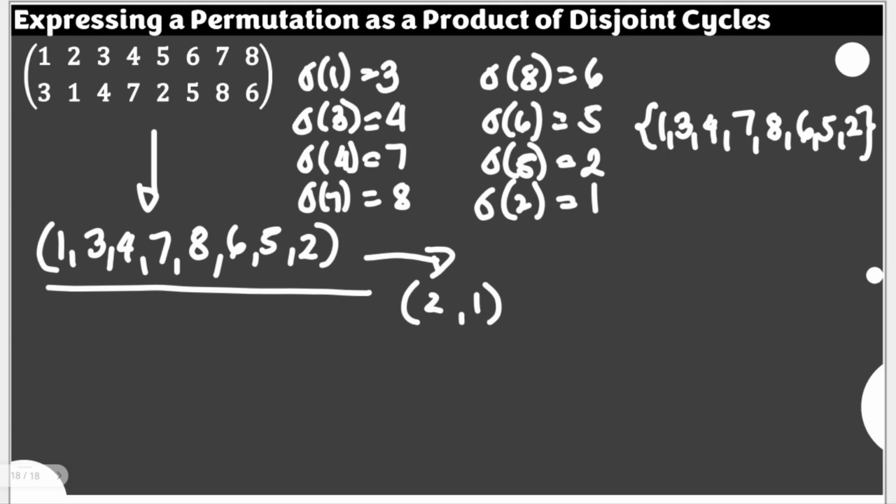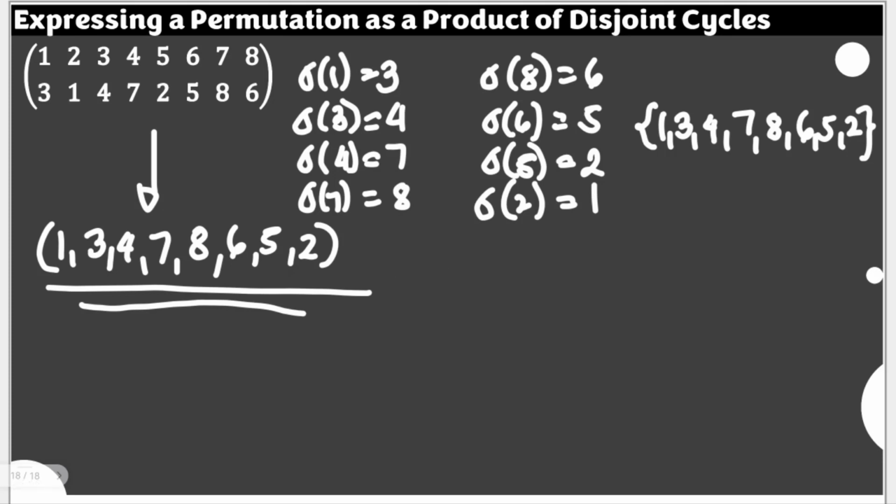So there can be no other cycles that can be multiplied to this given cycle of order 8 that will result in the given permutation, because the said cycle already is an expression of the permutation. So for this given example, this is already the result.